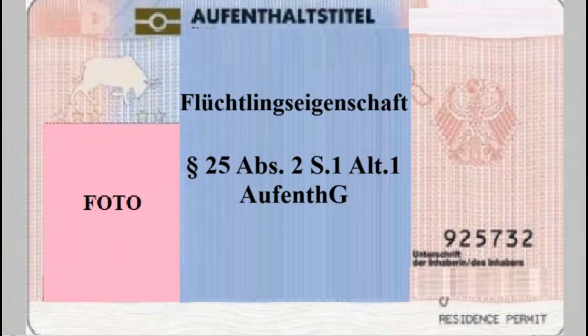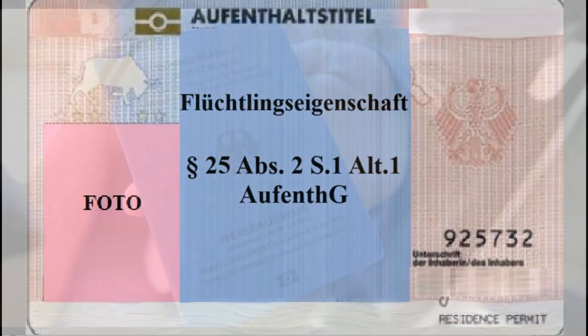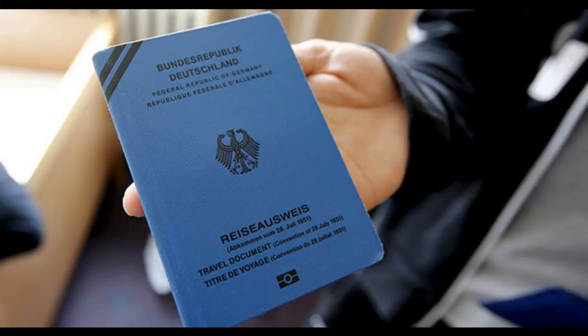This residence permit is usually valid for 3 years. At the same time, you can apply for the Blue Passport of the Geneva Convention, which will also be valid for 3 years. For more information on how you can get this residence permit and the Blue Passport, you can watch my other videos about these topics on this YouTube channel.